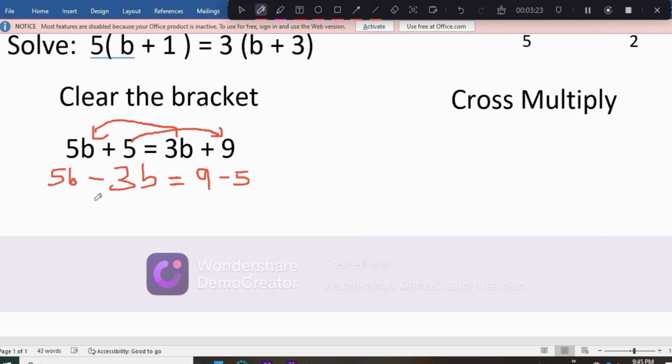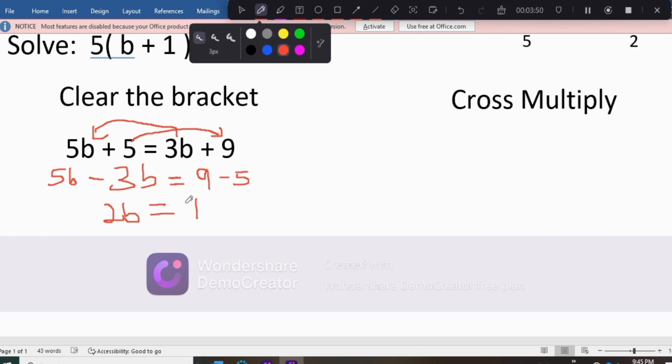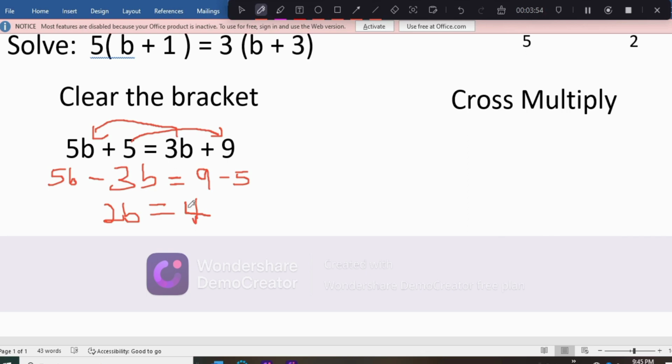So what we do now is to say 5b minus 3b, and that would be 2b, equals sign. Then we have 9 minus 5 going to give us 4. Right.